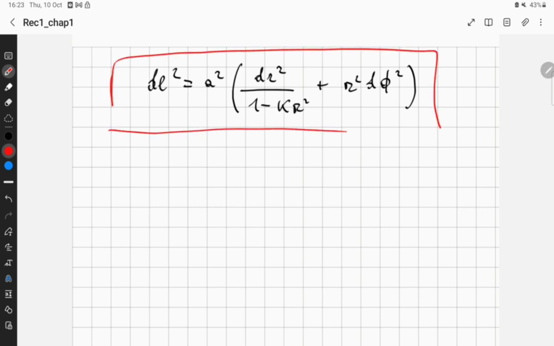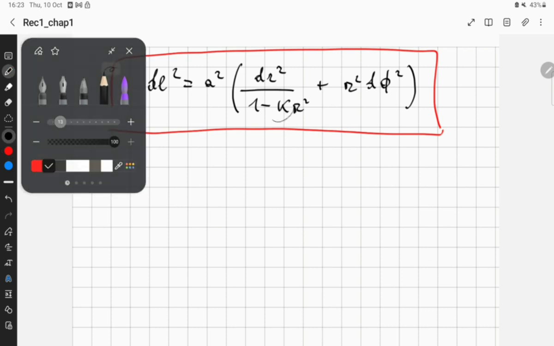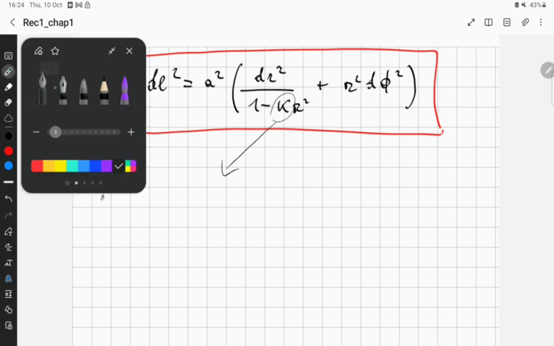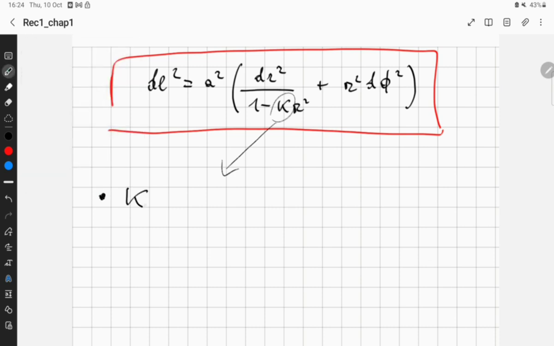So if we look at this equation in its form, we see that with different values of k, we can recover the different expressions we have found for the metric for the different geometries of the universe.